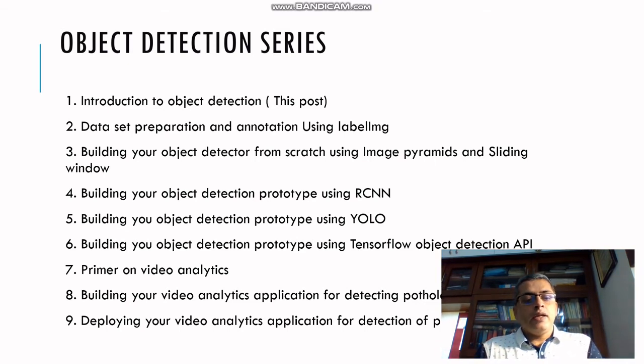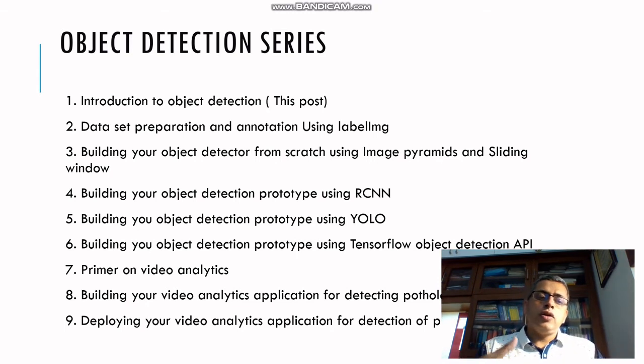And the third method, which will be covered in post 6, is how to build an object detector using a TensorFlow API. So TensorFlow has built their own object detection APIs, and we'll be using that to build our custom object detector.